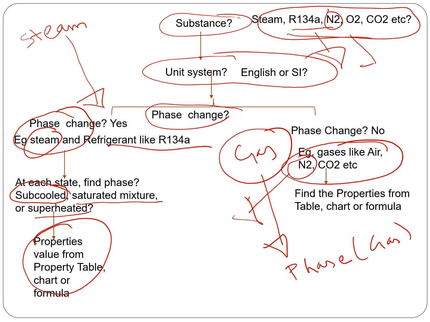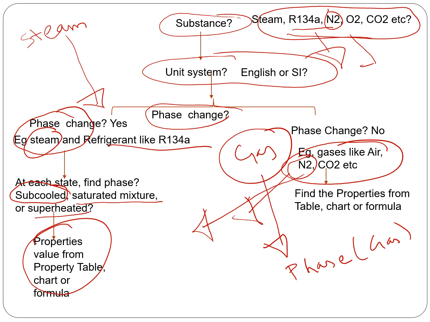So you don't have to worry about saturated mixture, liquid and vapor, or subcooled, because we know this gas just exists in one phase. So you'll find the table of this property, but you won't have one for saturated mixture or subcooled.